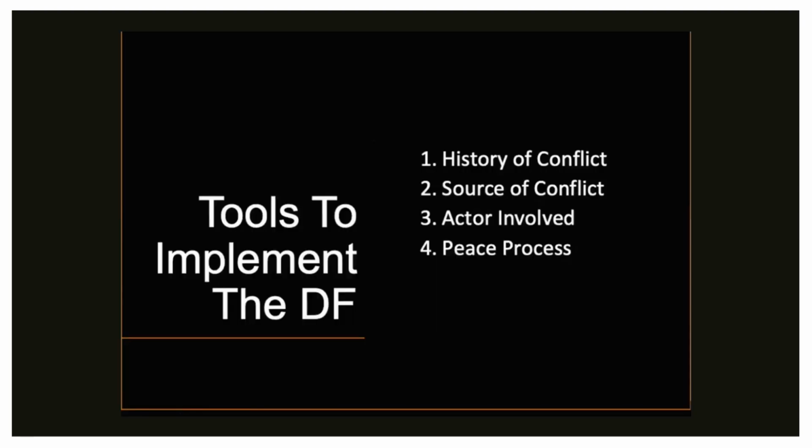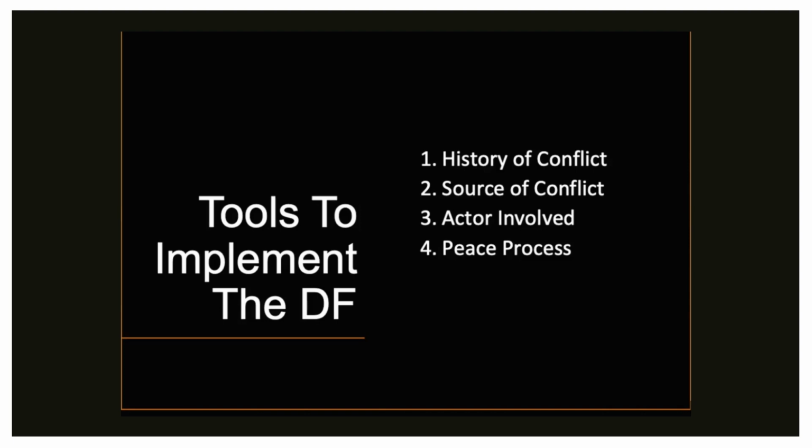And then from the framework, we have four tools now. We have the new tools for the conflict. We call them the history of conflict or chronology of conflict, the source of conflict, the actor involved, and also the peace process.